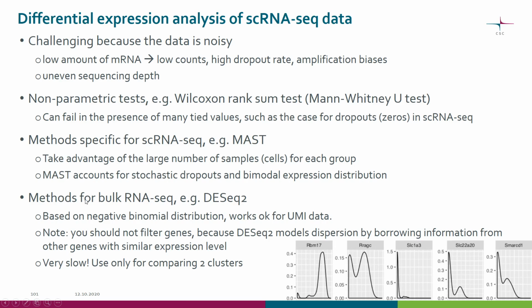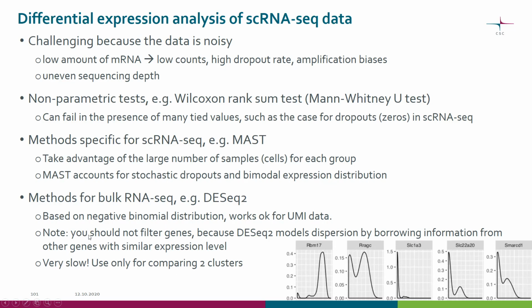Then there are also methods for bulk or total RNA-seq that you may have used, such as DESeq2. These tests are based on negative binomial distribution, and they seem to work okay for UMI data. However, DESeq2 is actually very slow if you use all the cells in your dataset, so we have disabled that, but it's available for comparing gene expression between two clusters.